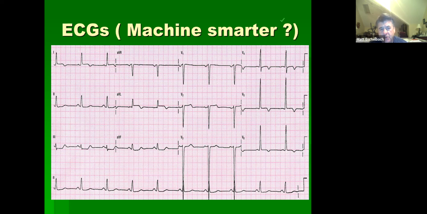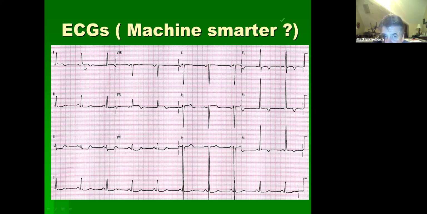All right, let's approach it one step at a time. Let's look at our lateral leads: 1, AVL, V5, and V6. What do we see? All have inverted T waves, and slight elevation in 1 and AVL.